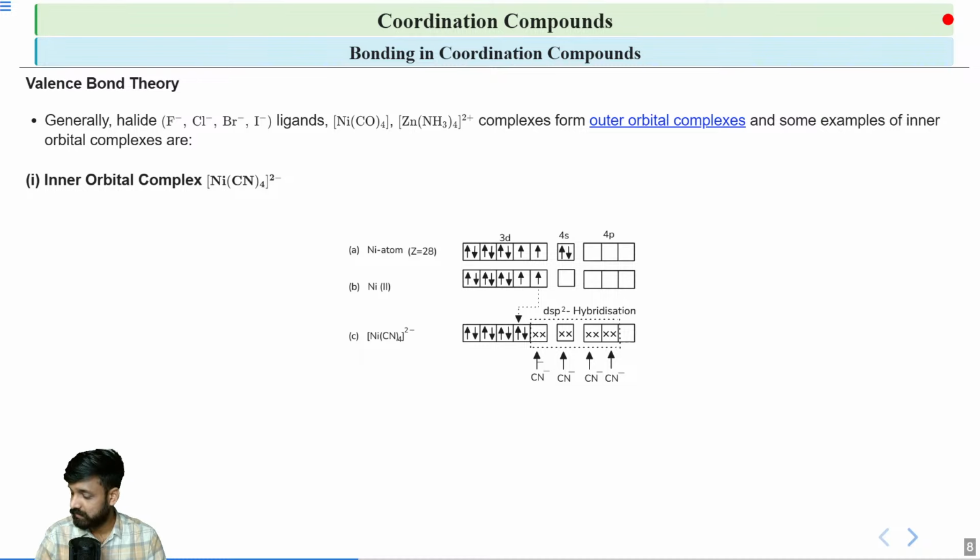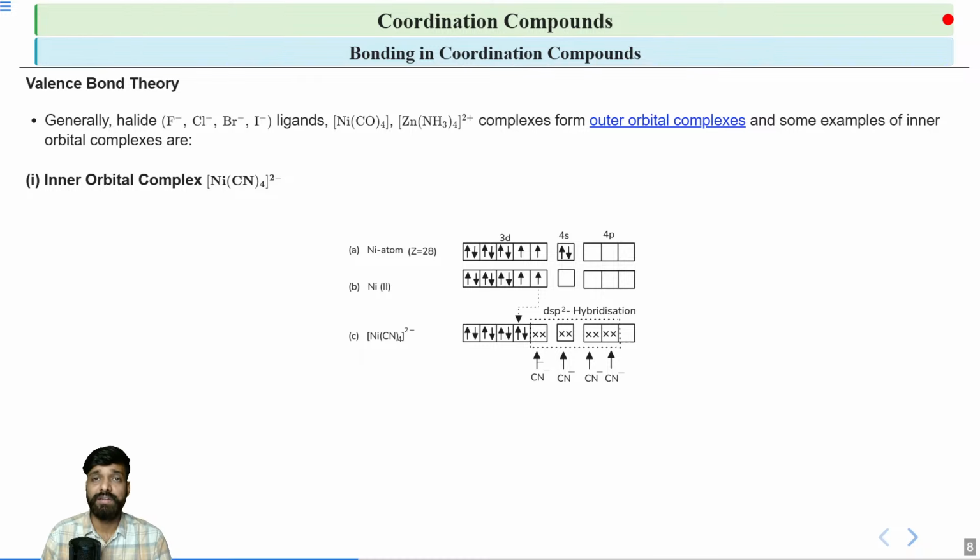Very good, Shivam. So can you tell me what will be the magnetic moment of [Ni(CO)4] if it is forming an outer orbital complex? So see, here your CO4 is present, right? Means the ligand which is present is strong in nature, but still it is not forming a square planar complex. Got it? So what will be the obvious reason behind it? Because it is not having d8 configuration, right?